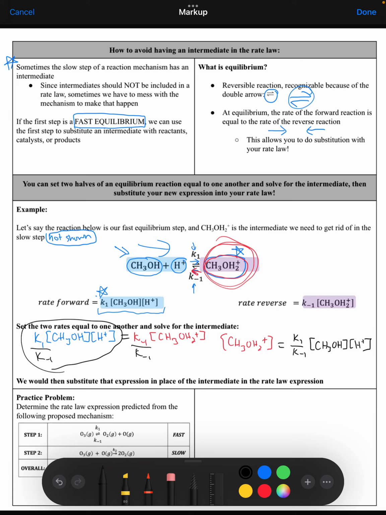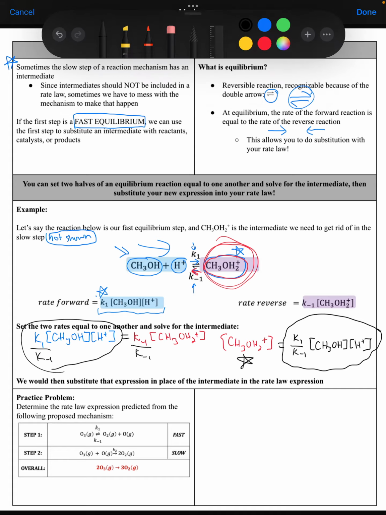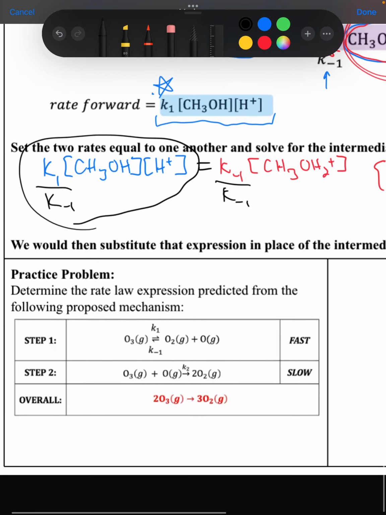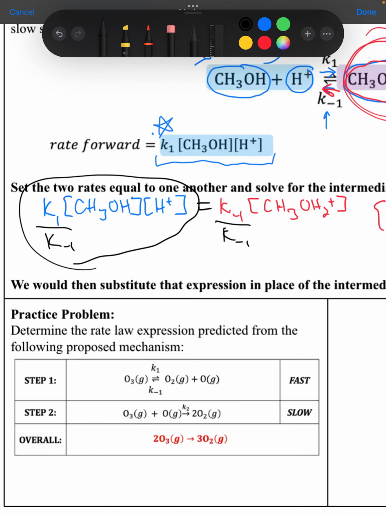Now, once I have this, I can substitute this expression in for this intermediate somewhere else where I need to get rid of it. That's what this whole process is for. So let's do that. Let's look at an overall mechanism, and I'll walk you through this practice problem to see how that works.